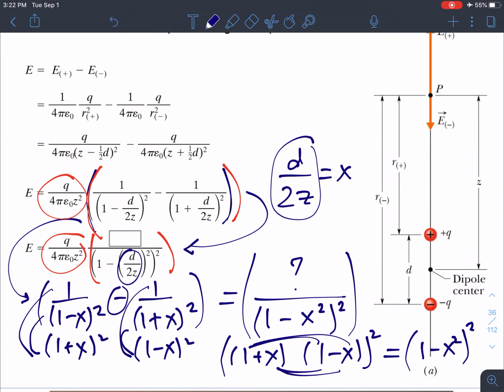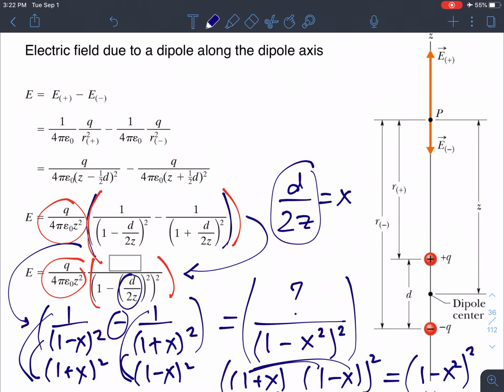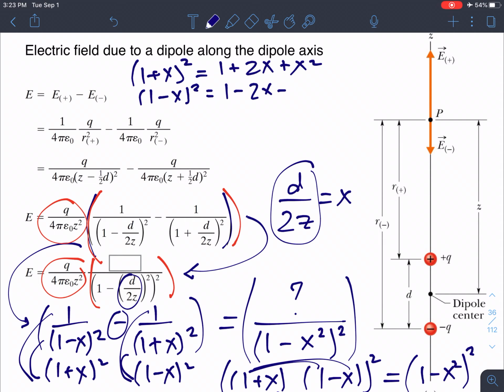So what goes in the top? Okay, so you have 1 plus x squared multiplied by 1 minus x squared. Let me do that up here because I don't have much space left. So we have 1 plus x squared, and that is 1 plus 2x plus x squared. Okay, unfoil that. 1 minus x squared, and that is 1 minus 2x plus x squared.